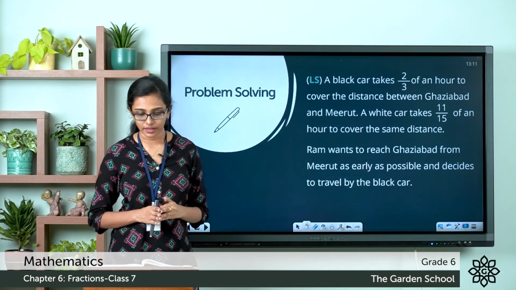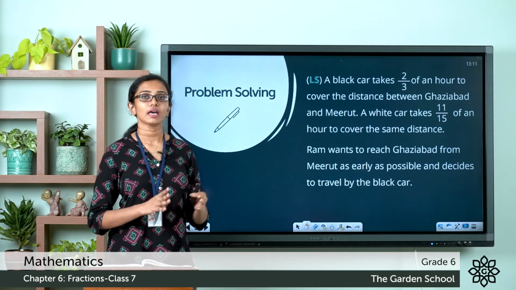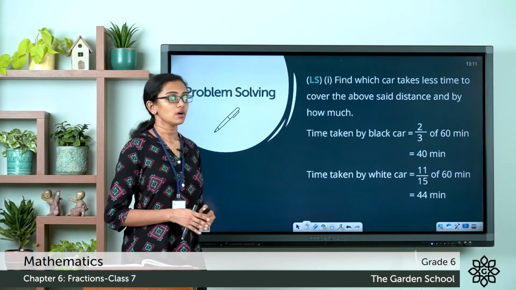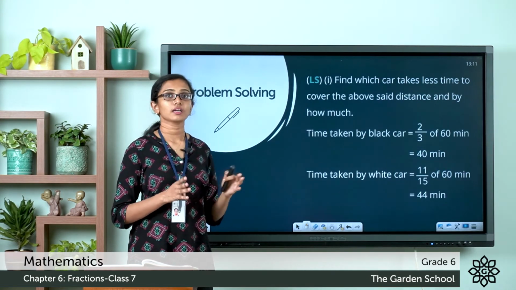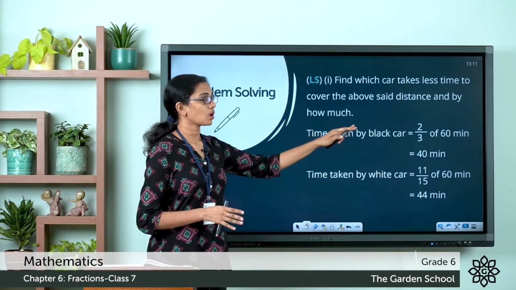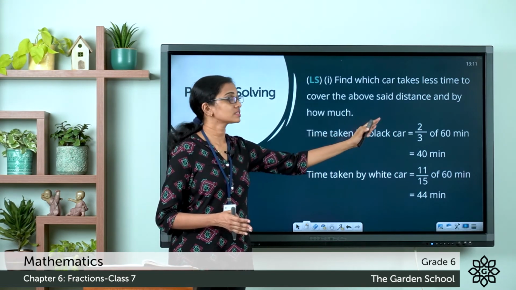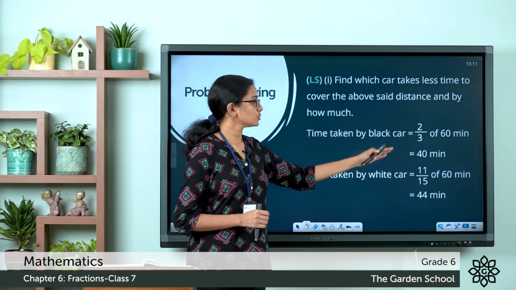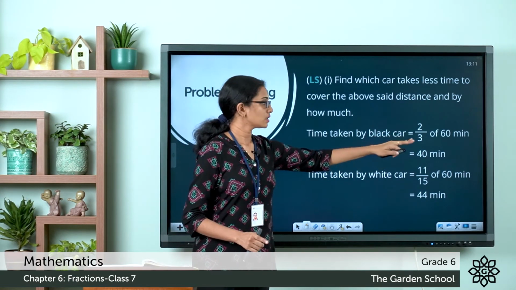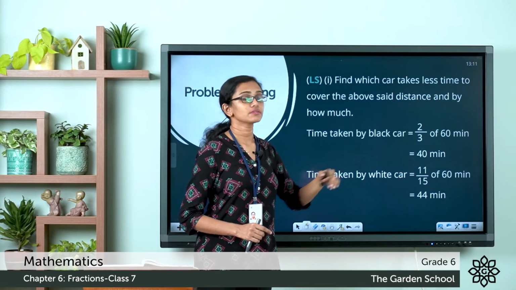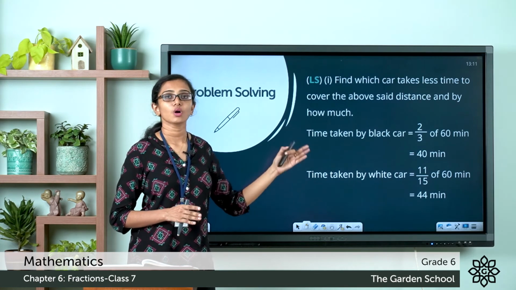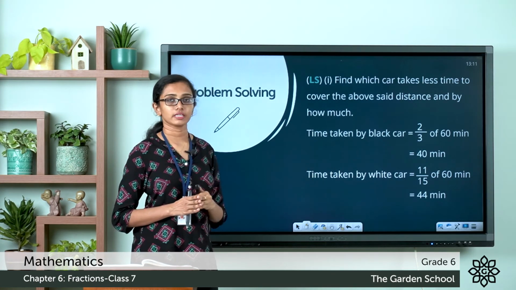Then we can easily find out which car takes less time and by how much. Time taken by the black car is equal to 2/3 of an hour, which means 2/3 of 60 minutes, as 1 hour is equal to 60 minutes. That will be 2 by 3 into 60, which gives you the answer 40 minutes.